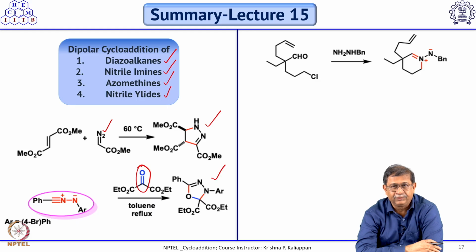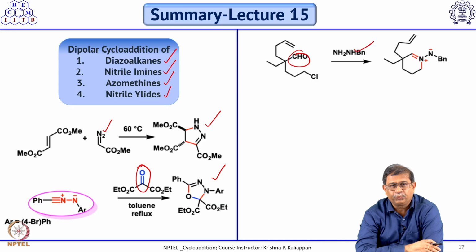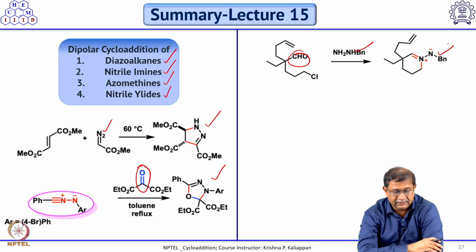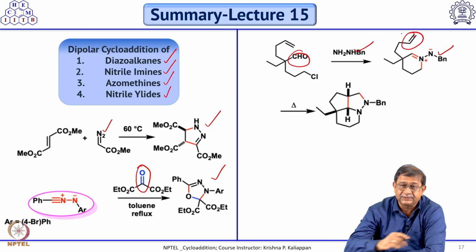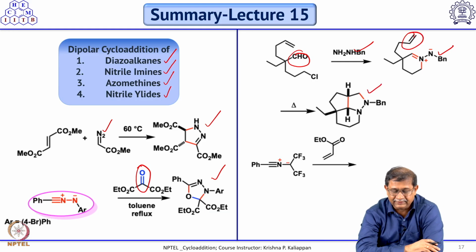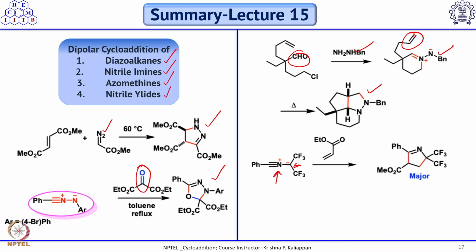And when you take an aldehyde and treat with monoprotected hydrazine, it in situ generates this azomethine imine, and that can undergo an intramolecular 1,3-dipolar cycloaddition with a double bond to get this interesting tricyclic compound. So the last one is nitrile halides. This is nitrile and then this is halide. So this can undergo a 1,3-dipolar cycloaddition, and this is the major product in such 1,3-dipolar cycloaddition reaction.